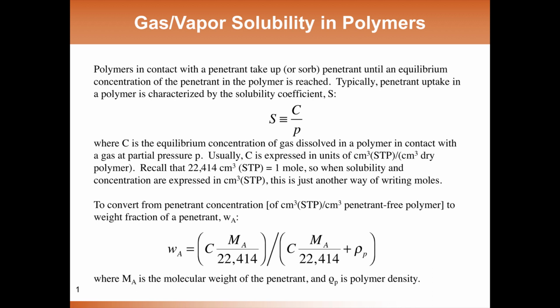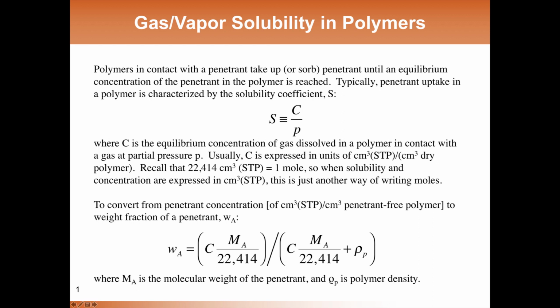So if I replace P in this expression with P divided by RT, then the ratio on the right-hand side becomes the concentration of gas in the polymer divided by the concentration of gas in the gas phase. And that would be a more traditional definition of a partition coefficient.